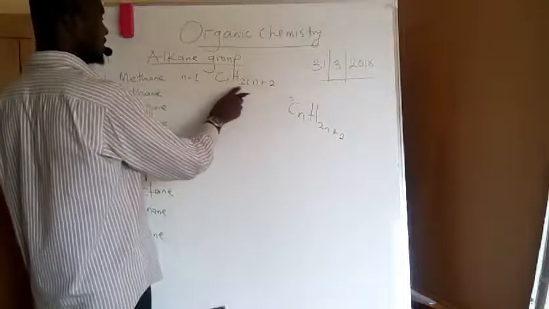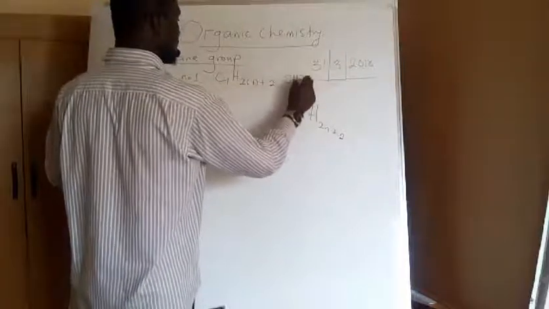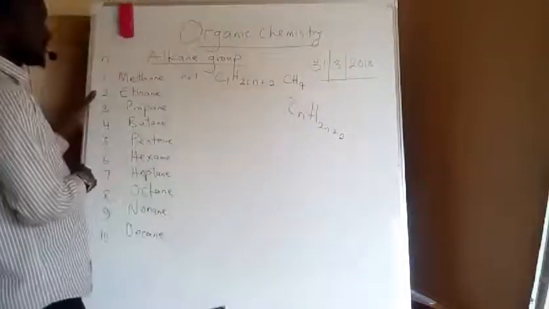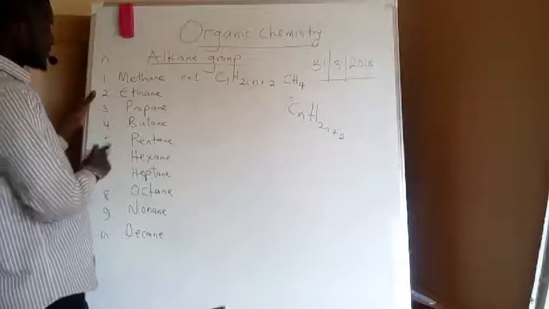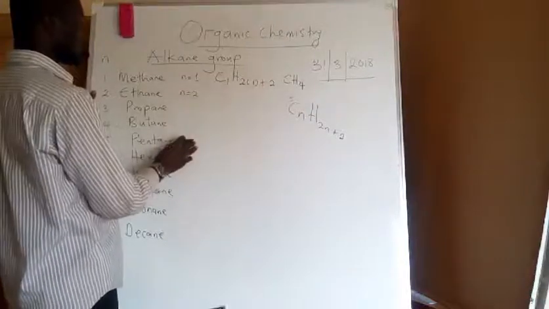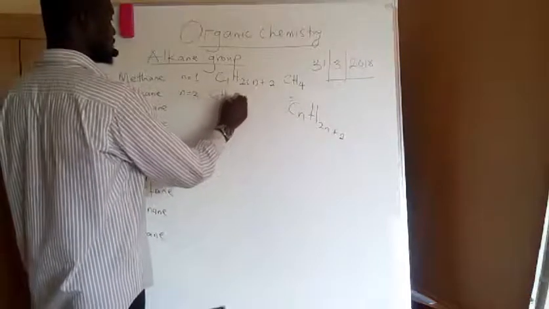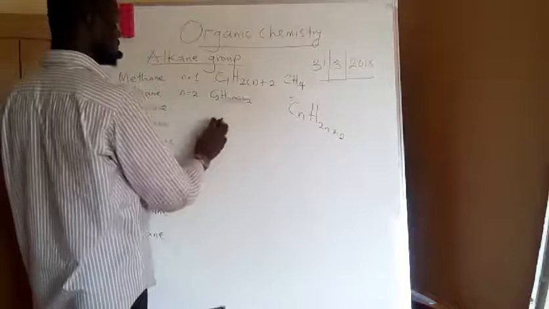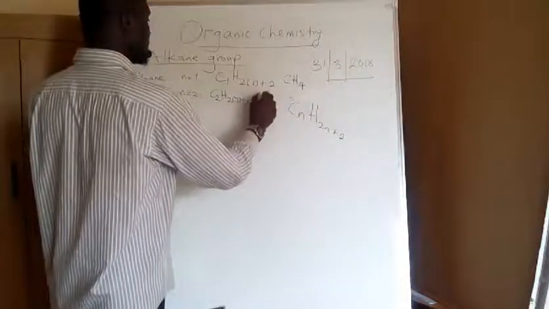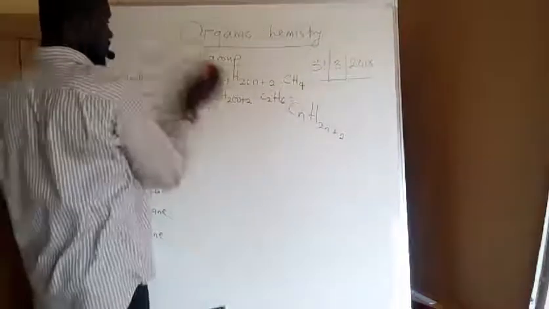So I have C1H4. So the formula for methane is CH4. Ethane: in ethane n is equal to 2. Therefore I have C2 H(2 times 2 plus 2). So this gives me C2H6, using the same formula.